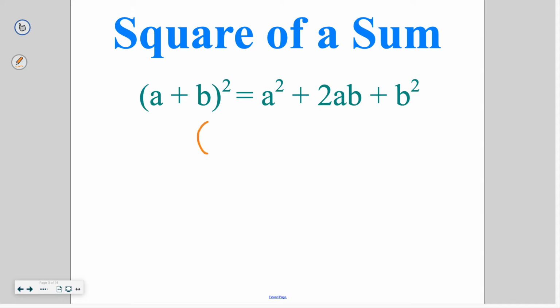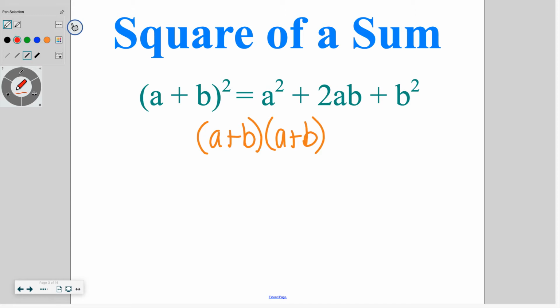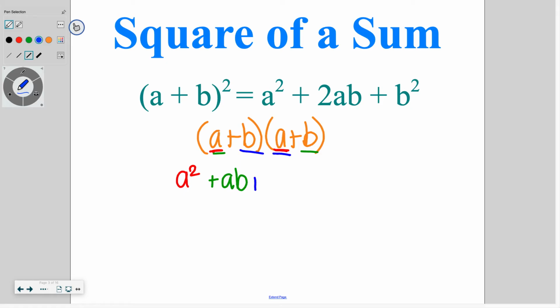Why does this work? If I've got a plus b times a plus b, following FOIL, the first thing I'm going to do is first terms, so a times a, which is a squared. The second thing is outside, which is a times b, or ab. The inside terms are b times a, which we can rewrite in alphabetical order as ab, and then our last terms are b and b, giving us b squared.